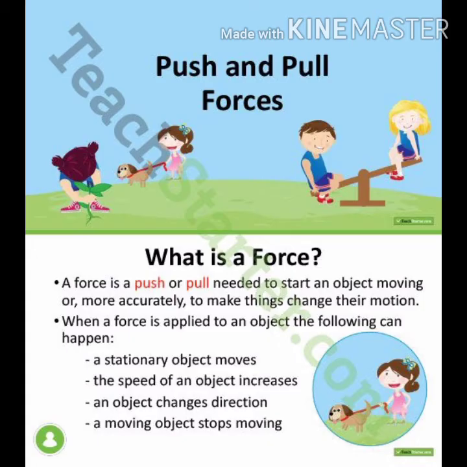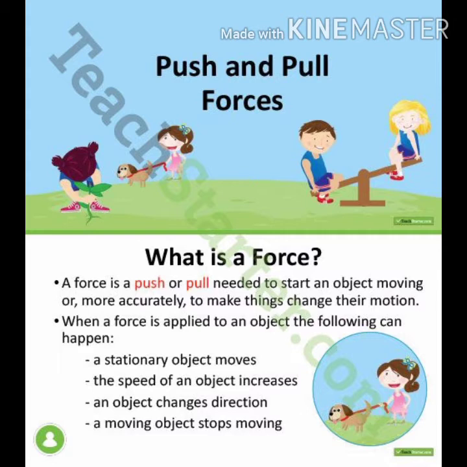In science, a push or pull of an object is called a force. So what is force? A push or pull of an object is known as force. So by pushing or pulling we can move the object. The motion imparted to objects was due to the action of force.